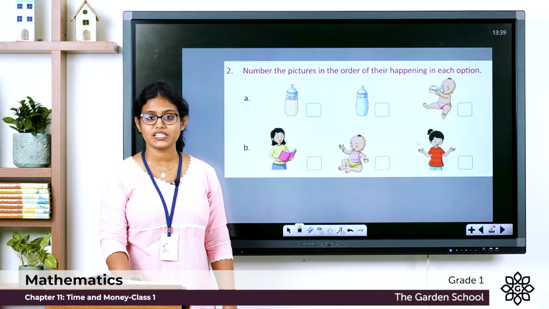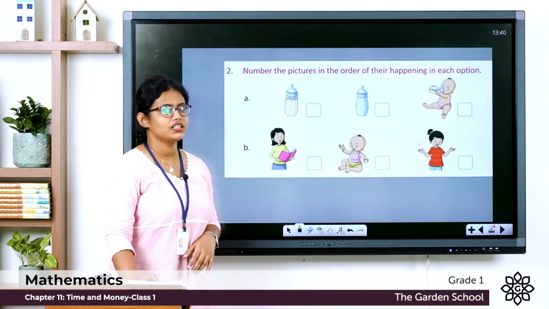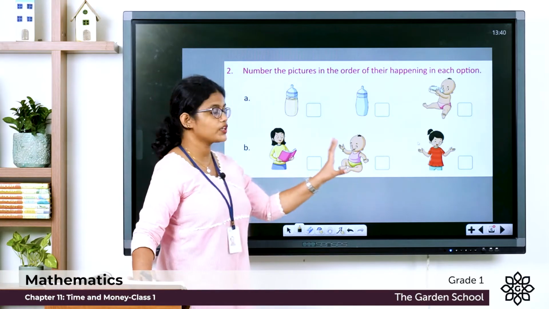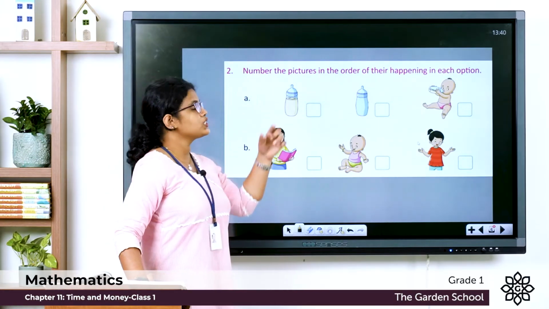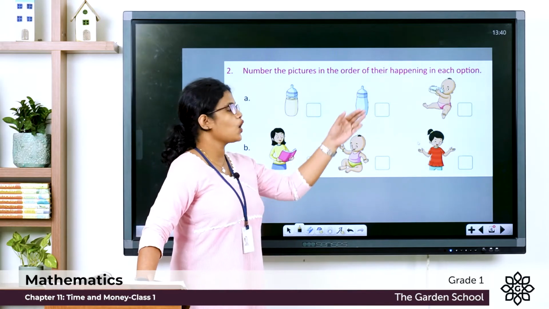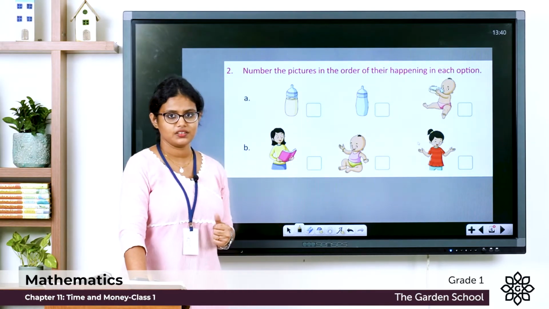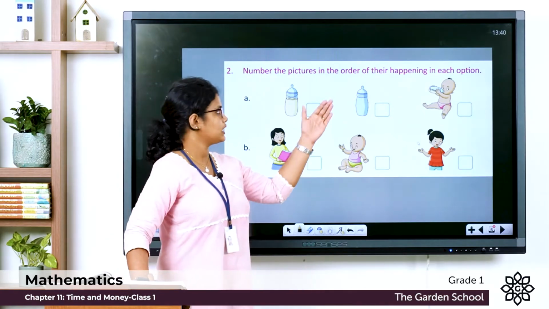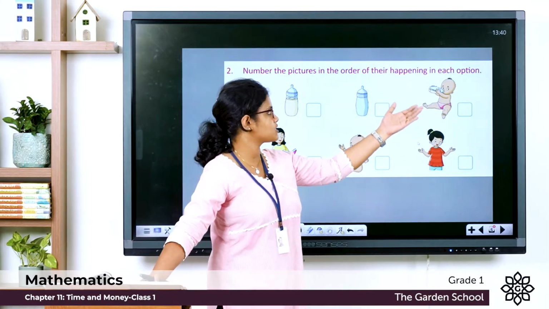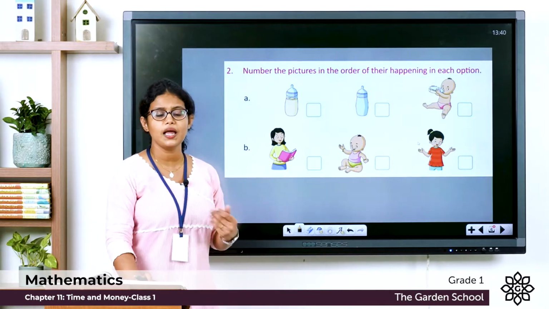So see the next one, the second one. So here you can see different pictures, and what you do here is you have to number the pictures in the order of their happening. Okay, so you can see a bottle filled with milk, then an empty bottle, then you can see a kid drinking the milk.